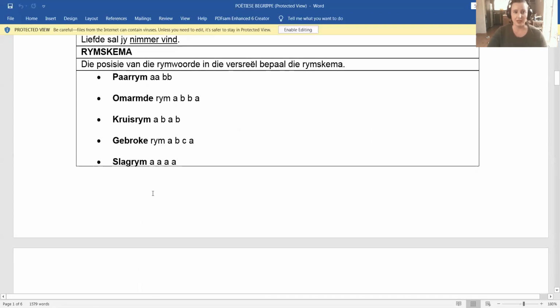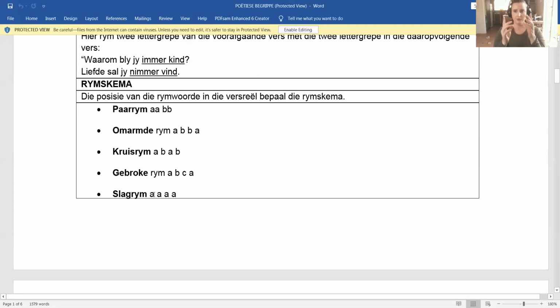When you've got rhyme schema, we've got paarrym, omarmde rym, kruisrym, gebroke rym, en slagrym. Okay, so paarrym is when it's together. Omarmde rym is when one word actually gives the other two words a hug.